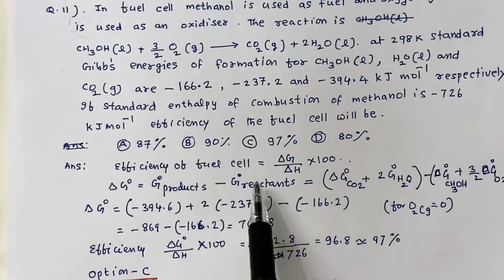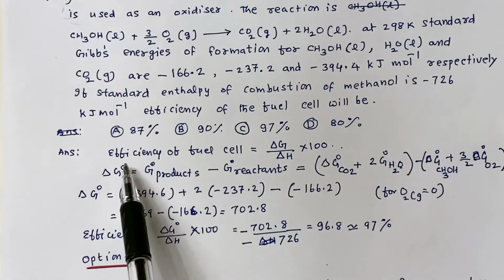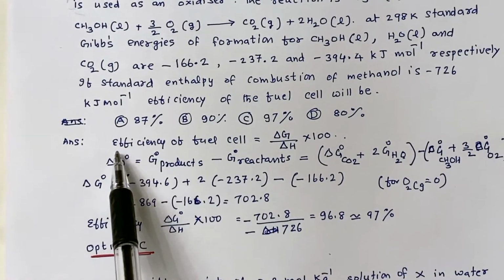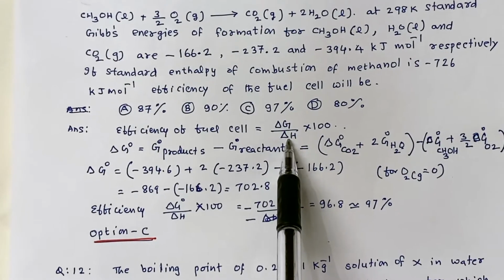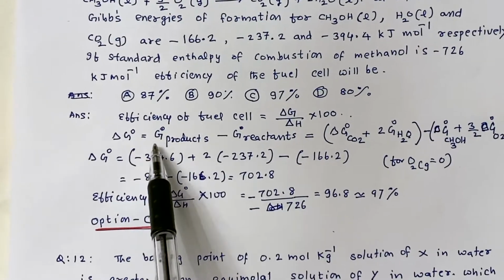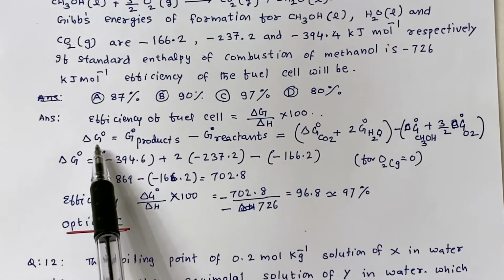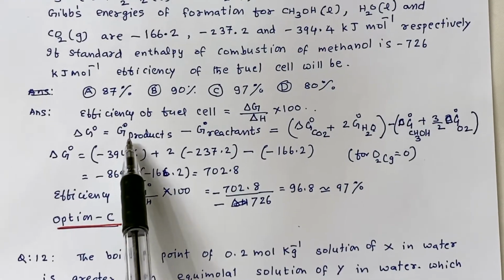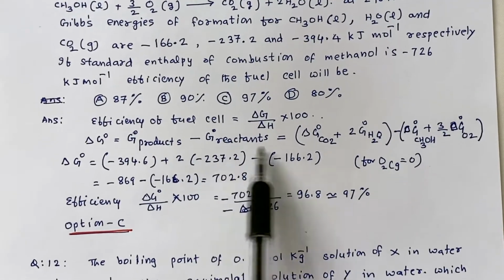If you know the formula, delta G by delta H into 100 is equal to the efficiency of the fuel cell. Delta G we have to calculate as the summation of delta G of the products minus the summation of delta G of the reactants.